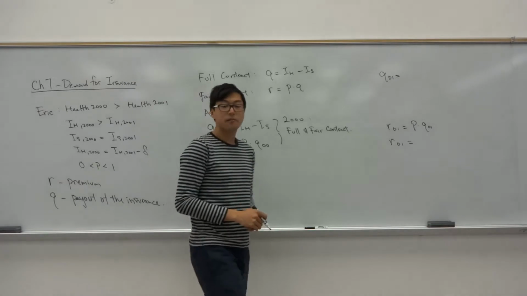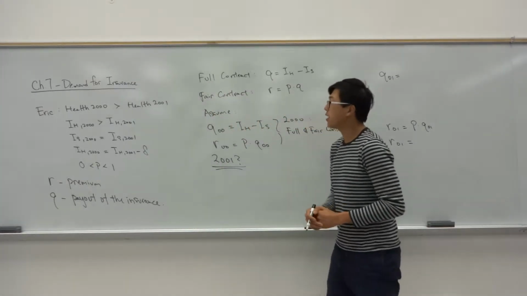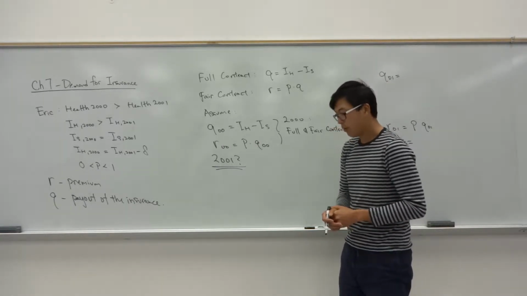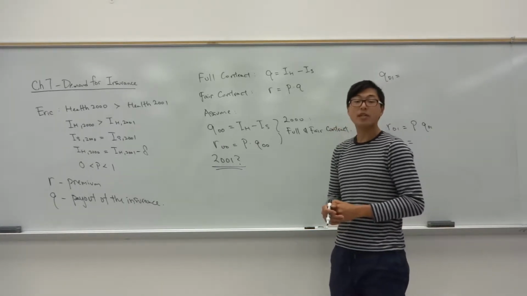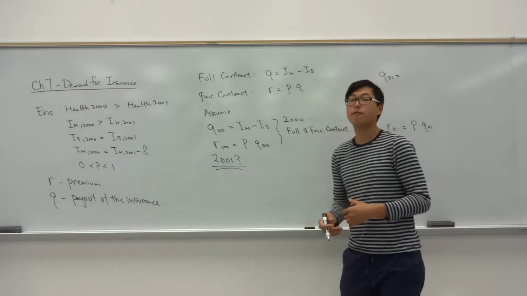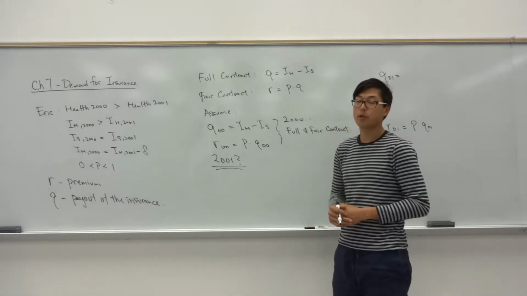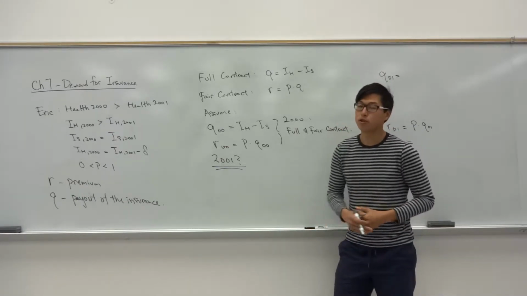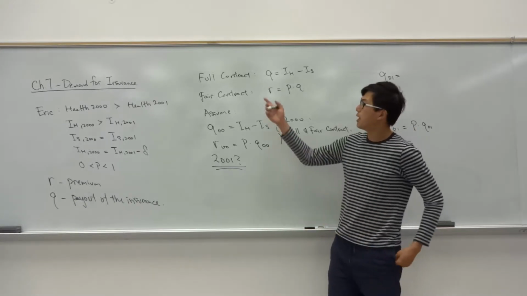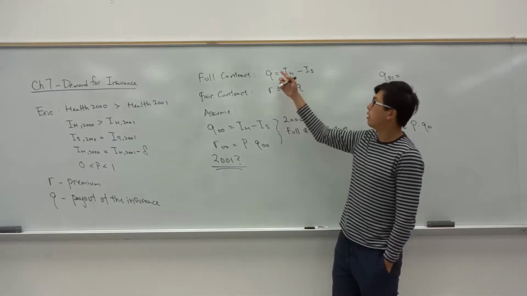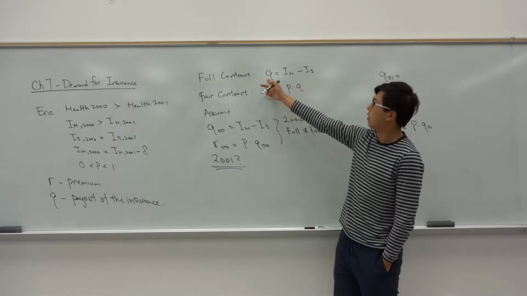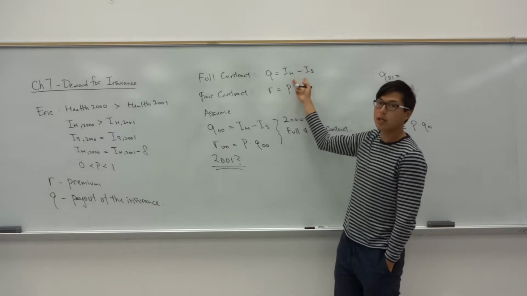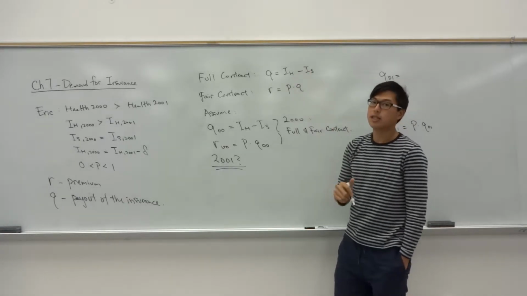So let's suppose now Eric is given the choice to buy insurance. In the year 2000, he's getting a fair and full insurance coverage. What does it mean? I think the PowerPoint already explained, but here we just briefly go over it. By saying a full contract, that means the total payoff of the insurance coverage is equal to the difference between the healthy income and the sick income.